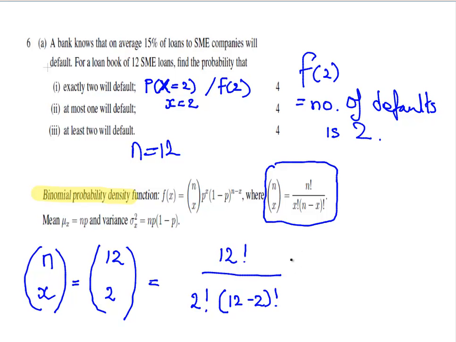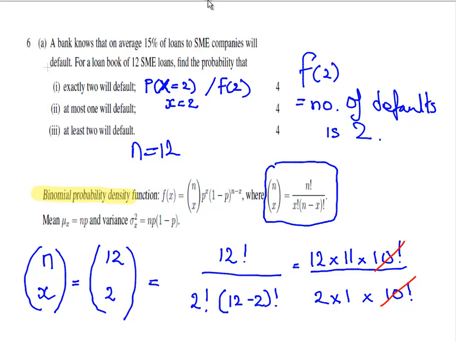So I'm going to come back to that now. 12 factorial can be written as 12 by 11 by 10 factorial. Okay, 2 factorial is 2 by 1. And 12 minus 2 factorial, let's write that in as 10 factorial as well. Essentially, 10 factorial and 10 factorial cancel out.